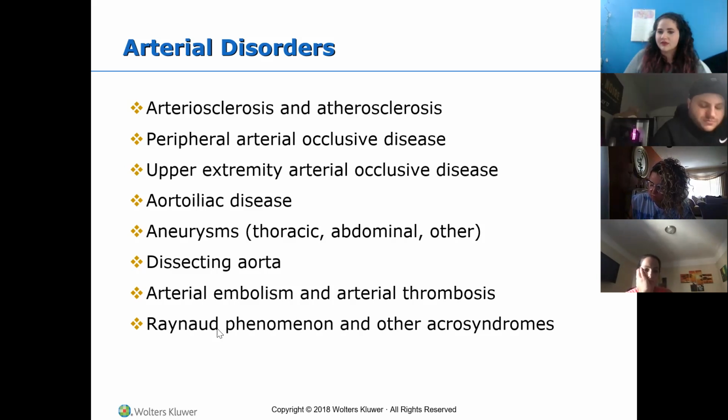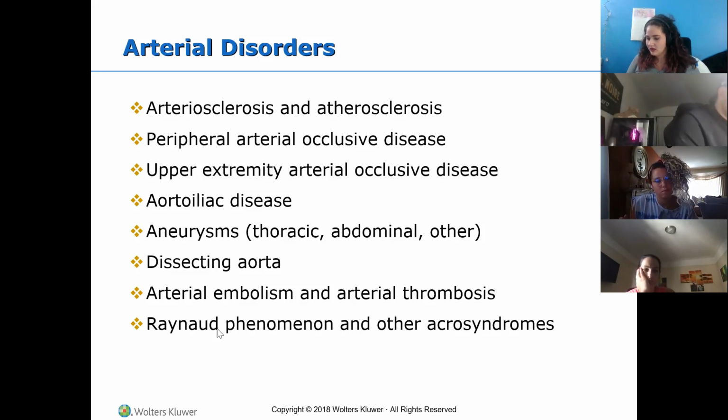I have a feeling you have stuff to say about this one, Adam. It goes over them individually. I can do arteriosclerosis and atherosclerosis if you want. Because these slides are weird. They're not in order of the chapter. It just explained basically arteriosclerosis and atherosclerosis before we even went into it.